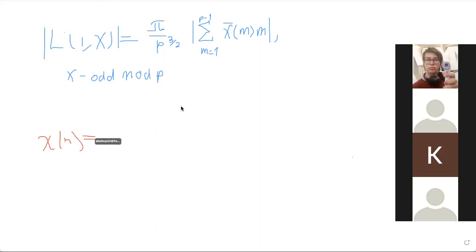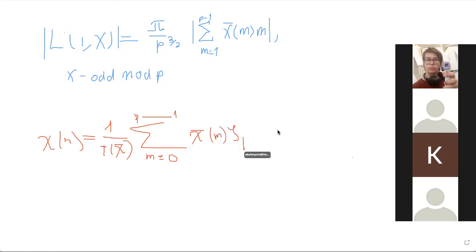Chi of n for any chi is equal to 1 over the Gauss sum, which has an absolute value of square root of p, multiplied by the sum over all m from 0 to p minus 1 of chi bar of m multiplied by zeta_p to the power nm.